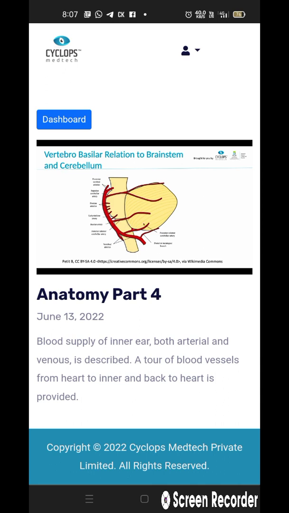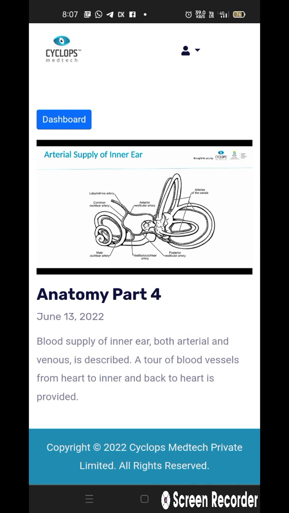Now what we will do, we will take a more detailed approach to the actual inner ear from the anterior inferior cerebellar artery, which gives the branch, that is the labyrinthine artery. The labyrinthine artery chiefly divides into the common cochlear and anterior vestibular artery.